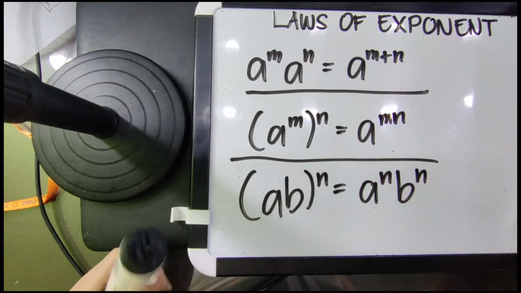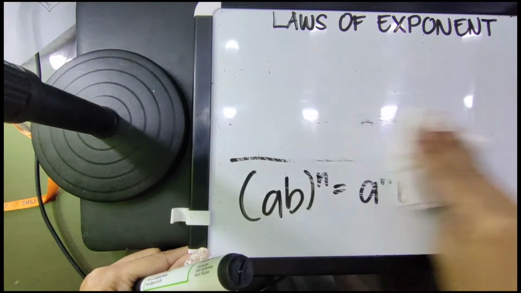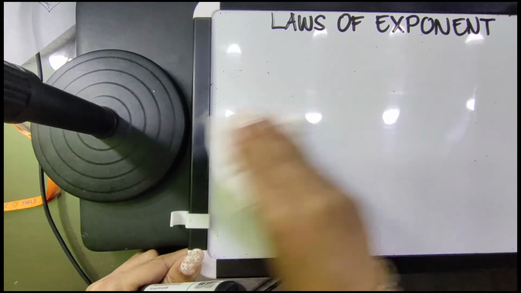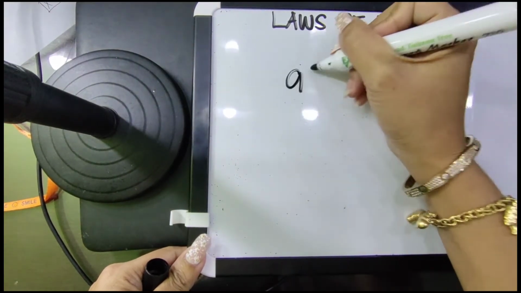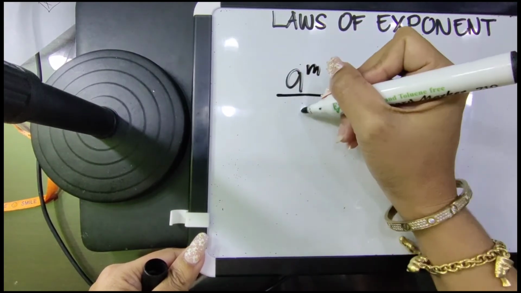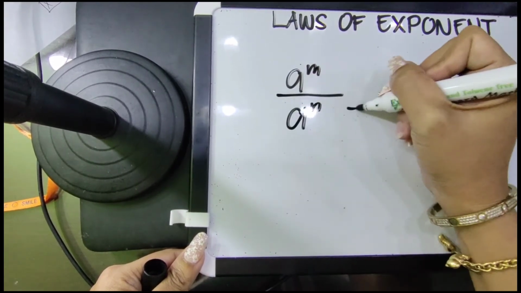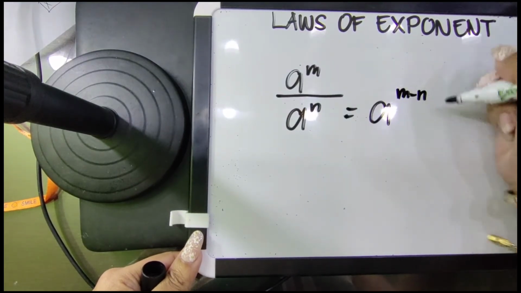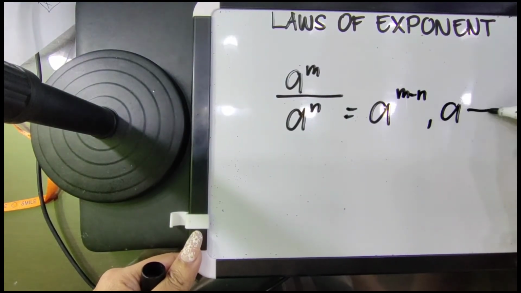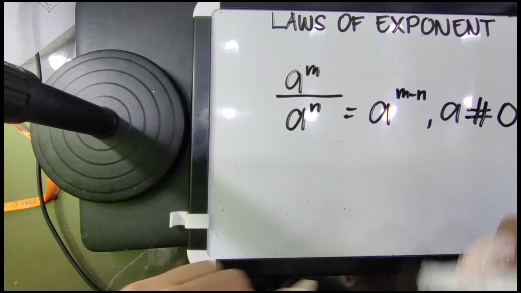We have also the division rule. How does the division rule look? A raised to m over a raised to n is equal to a raised to m minus n, where a is not equal to 0. That is the division rule.